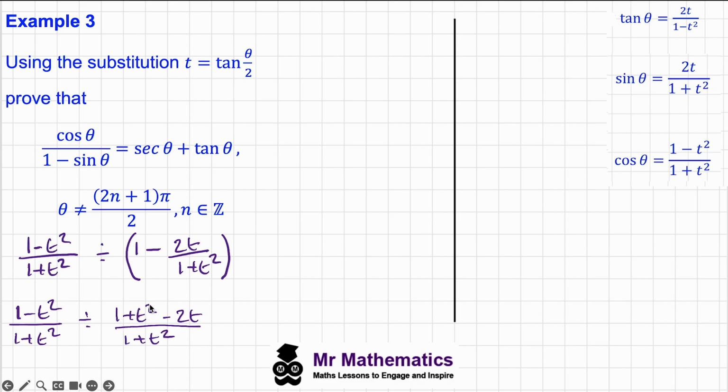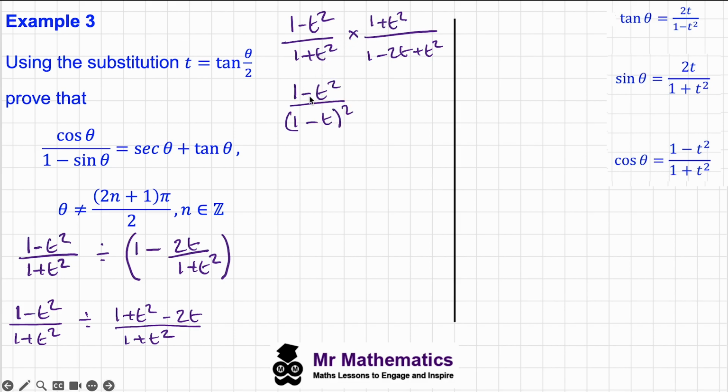We can evaluate this by changing the divide to a times and finding the reciprocal of this fraction. Then you can see that this 1 plus t squared will cancel with this one, and we're left with 1 minus t squared over 1 minus t all squared.